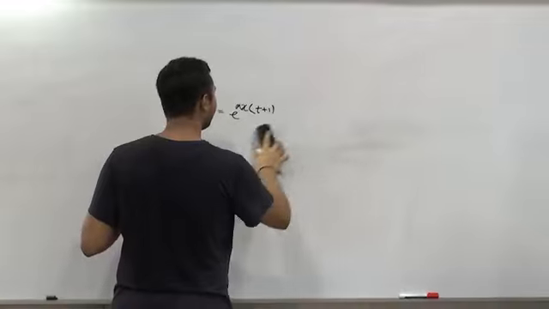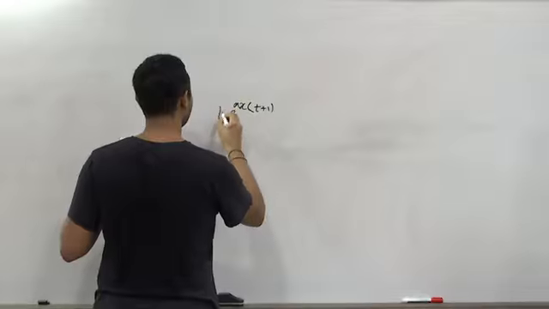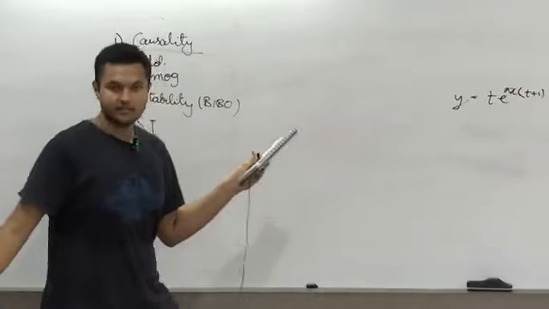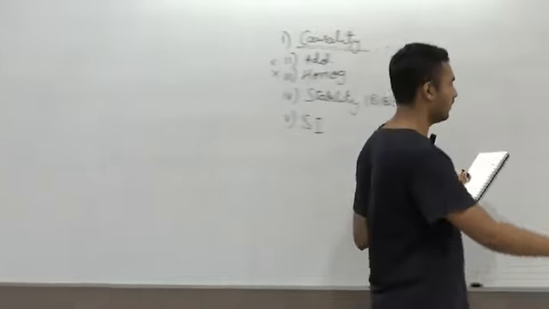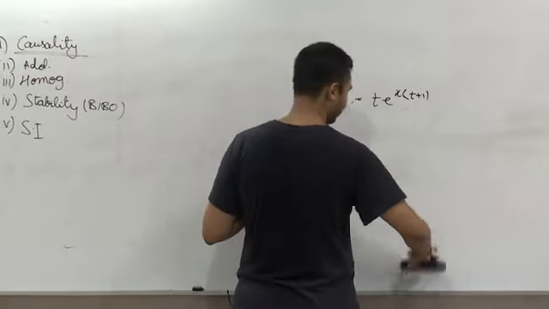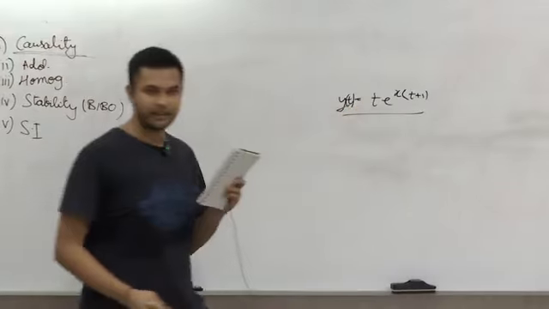So a simple thing to do is, you could have a constant, or what you could do is you could multiply it with the time. Does it satisfy any of these properties? For simplicity I will remove this a also. y of t is t e to the power of x of t plus 1.